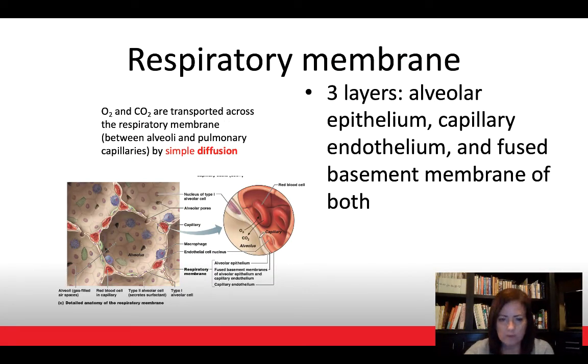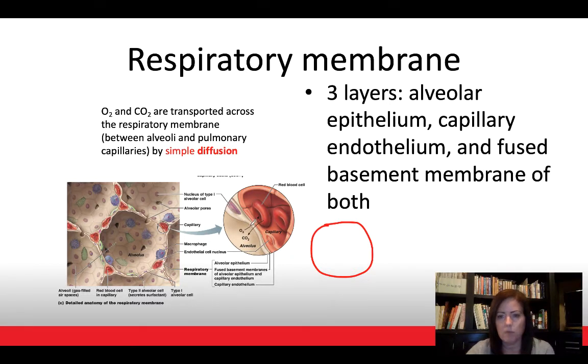If we blow it up, this is what we're looking at. Here's our alveoli, and if we enlarge that, we can see this three-layered respiratory membrane. Here's my alveoli, and we know that the alveoli is formed by simple squamous epithelium.